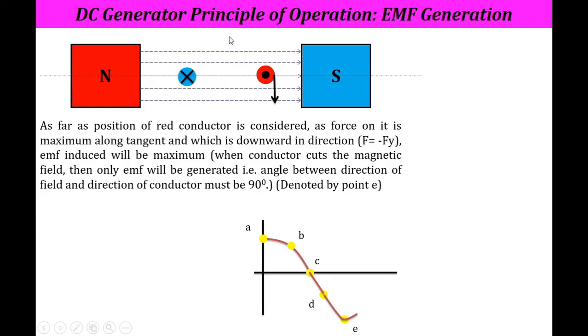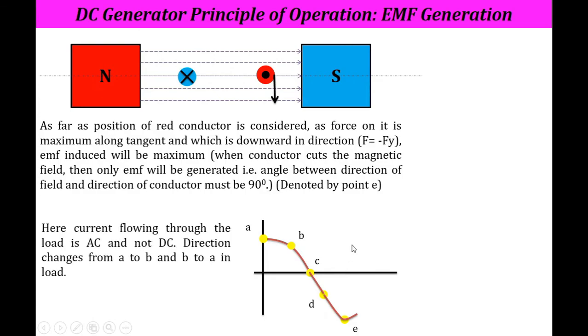But it starts rotating and reaches this position. Now the blue conductor is on the left-hand side and the red conductor on the right-hand side. So the EMF generated at point A and point E will be the same, but with different polarity. At point A, when theta equals 0, it will be positive. At point E, when theta equals 180 degrees, it will be maximum negative.